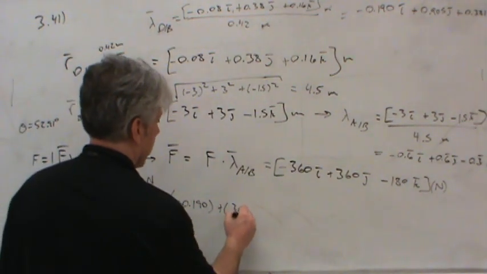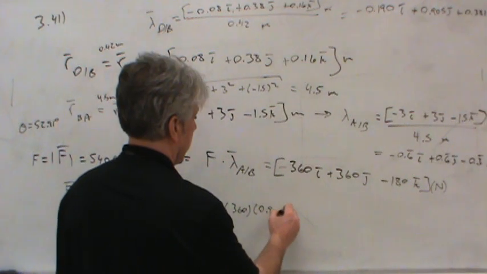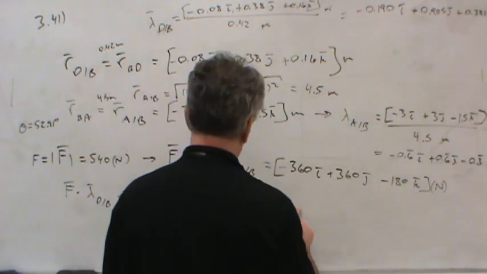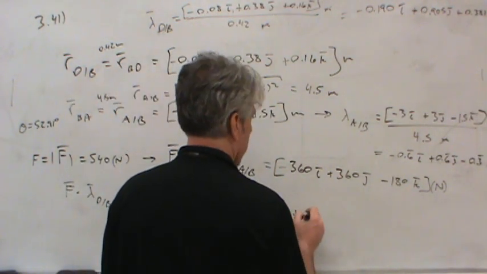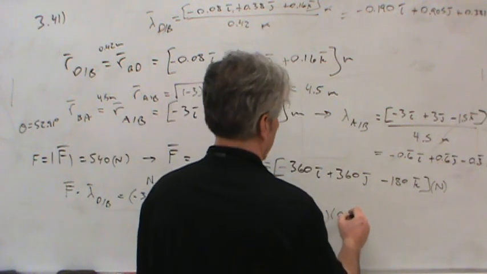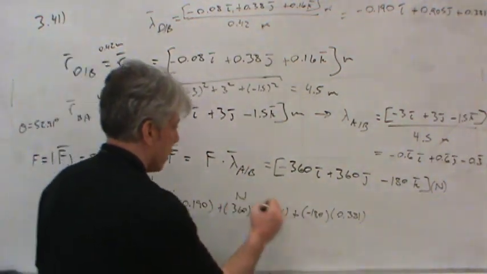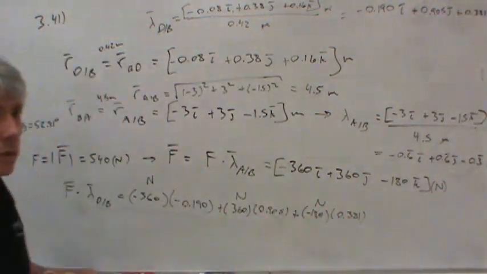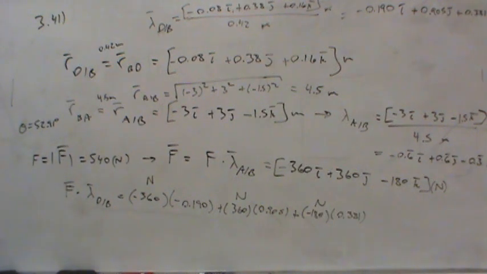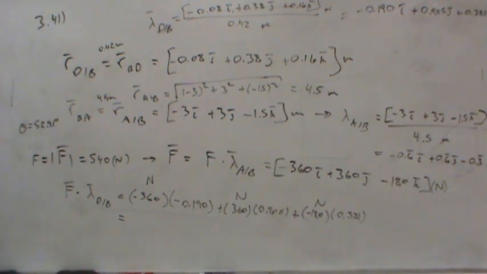Plus 360 multiplied by 0.905, plus negative 180 multiplied by 0.381. All these are newtons and then non-dimensional, so we'll just get newtons of force. So go ahead and calculate this for me if you would, please. And this will tell us how much force is trying to pull the stake out of the ground.